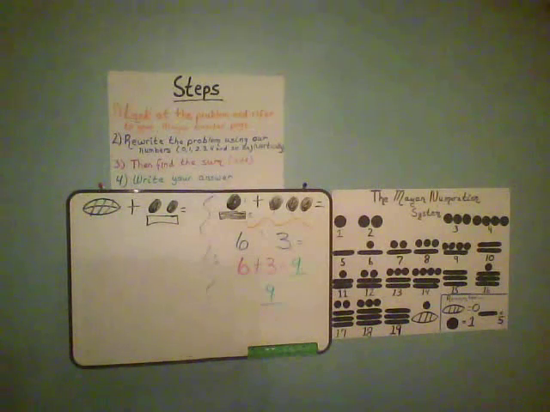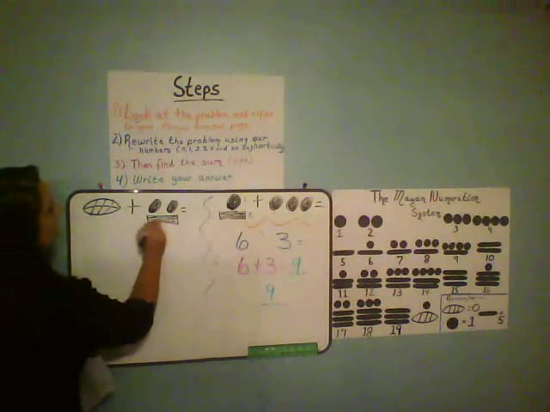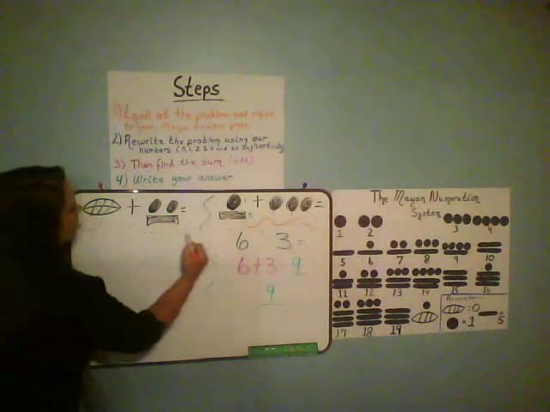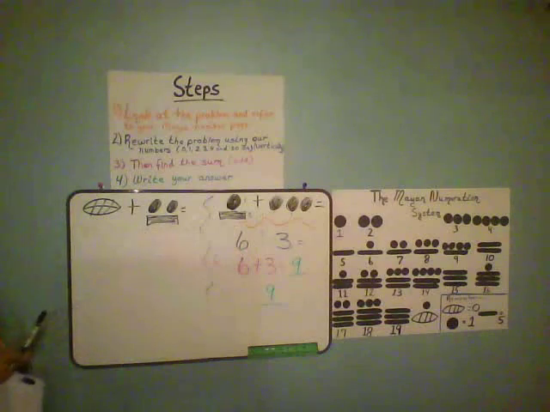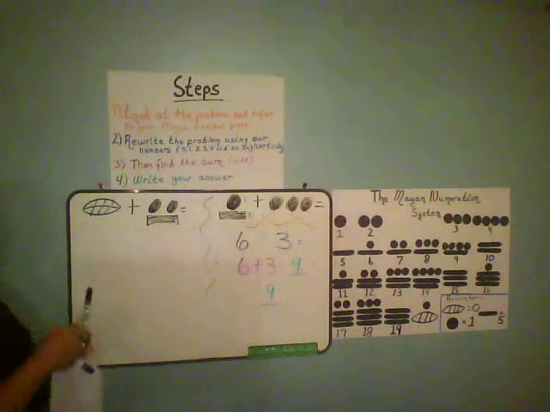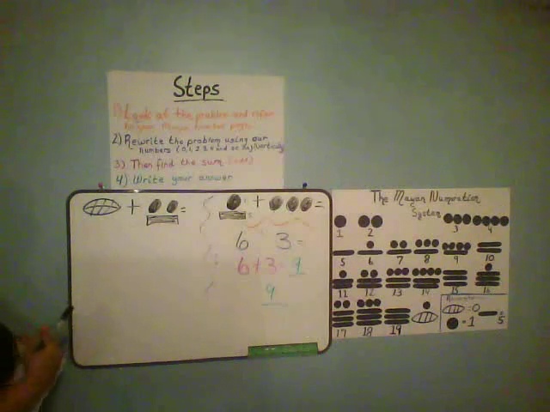Seashell plus a rock and a stick. So we're going to look at the problem and refer to your Mayan number chart, your page. Okay? We're going to rewrite them in our numbers.